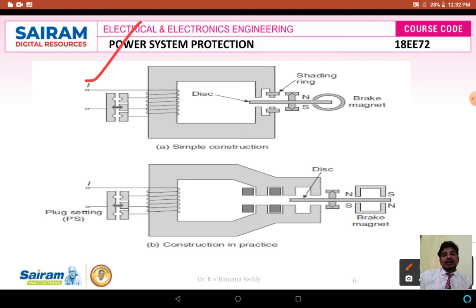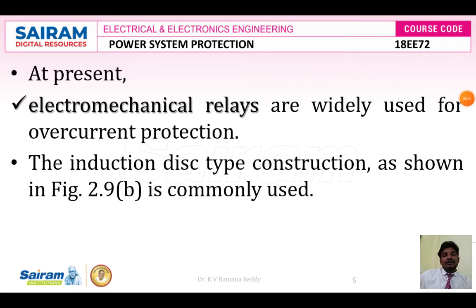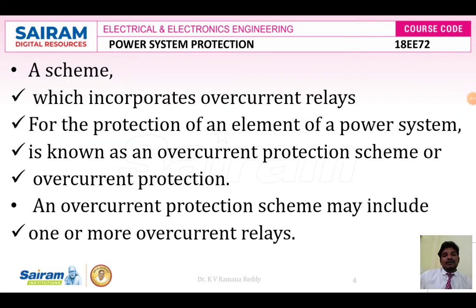The secondary coil is connected with an aluminum disc. Therefore, an induced voltage V2 takes place in the aluminum disc, and due to the flow of V2 in the aluminum disc, a current I2 flows, which produces a flux called phi2. So one flux in the aluminum disc is called phi2, and another flux in the primary winding is called flux phi1.